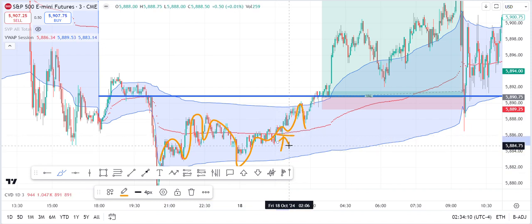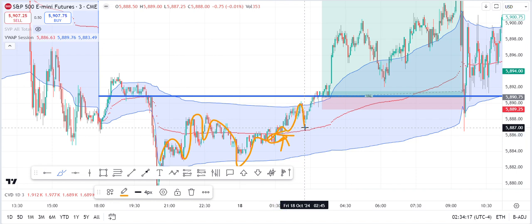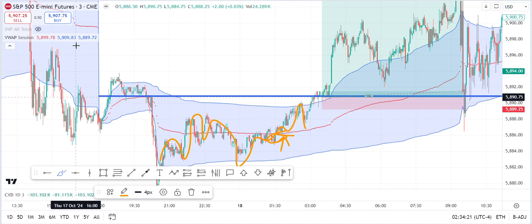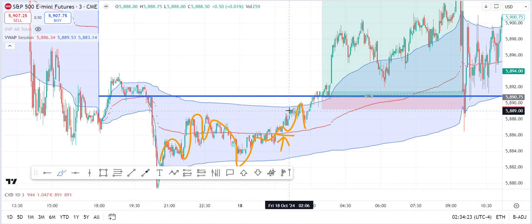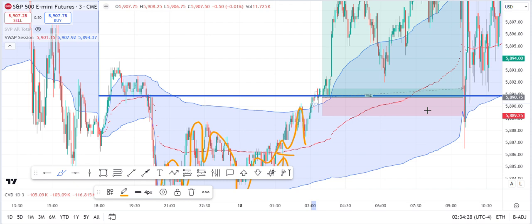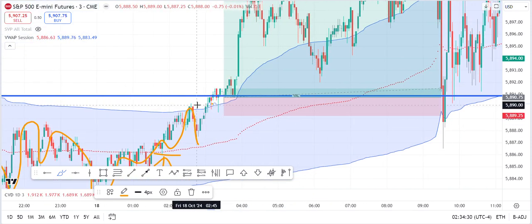That's also sometimes, not all the time, an indication that if it breaks, it's going to continue going higher. Like the first candle that breaks, let me just do it over here. First candle it breaks and closes above. I've noticed this, not in S&P, but in other markets.